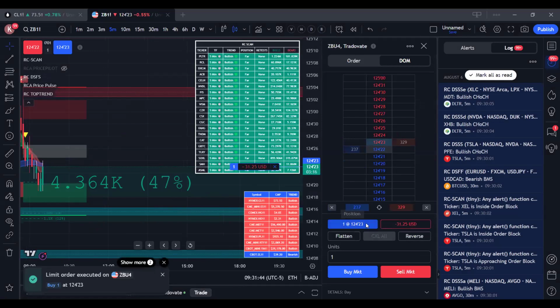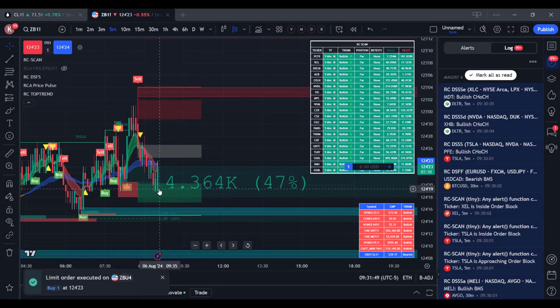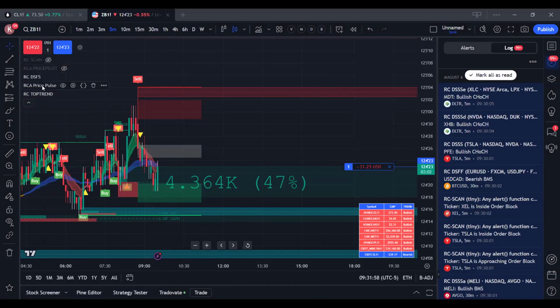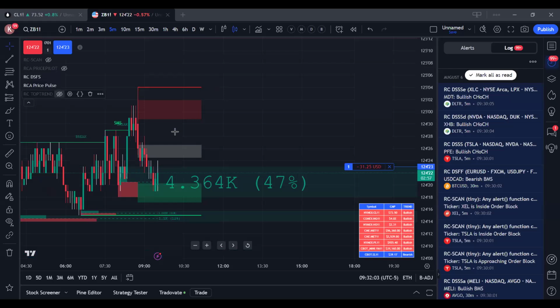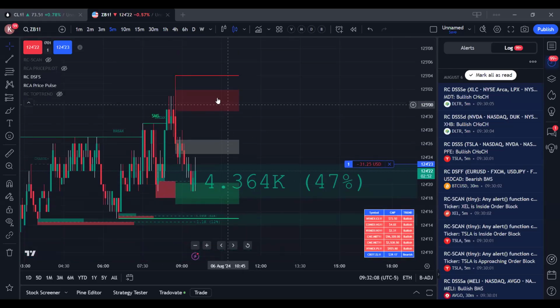Right, I entered a long on ZB because it is at the bottom. Overall, it is bullish. It went all the way to 125.04.